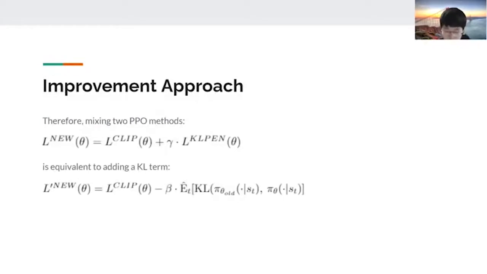Therefore, mixing two PPO methods by linear combination of each loss function is equivalent to adding a KL penalty term to the clip surrogate objective, which seems not to have been done before in the literature. Therefore, we tried to implement this improvement approach.